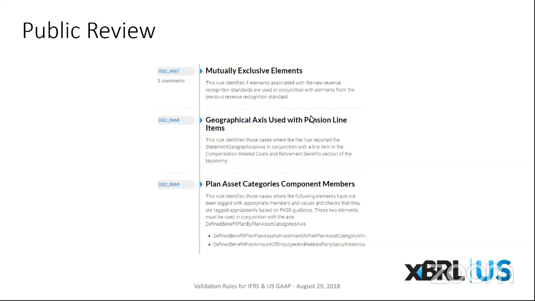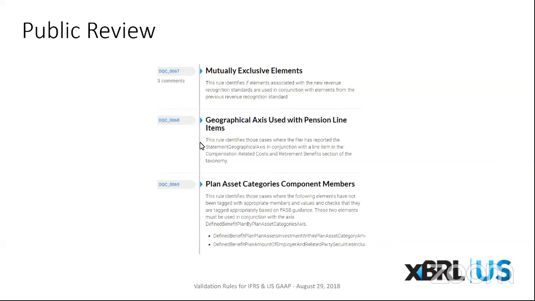The other item that it also looks at is assets that are within the plan asset category. This is usually some footnote information. Rather than using the plan asset line item, they require that you use this plan asset category amount included within the plan assets.